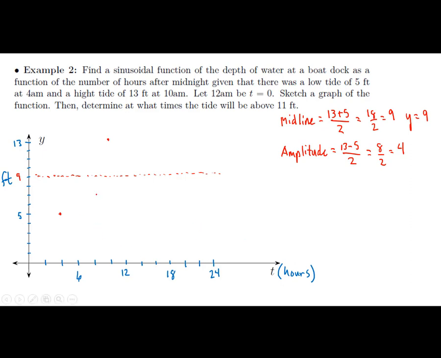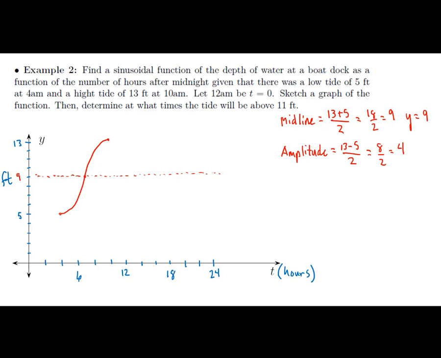Now let's think about the period here, and maybe what I'll do at this point is go ahead and sketch what's going on between these 2 points, right? Halfway between 4 and 10, which would be at 7, we know that we're going to be right at our midline. And so I can go ahead and give a sketch of what is going on with our function between these 2 points.